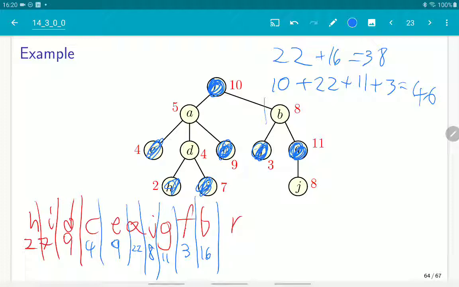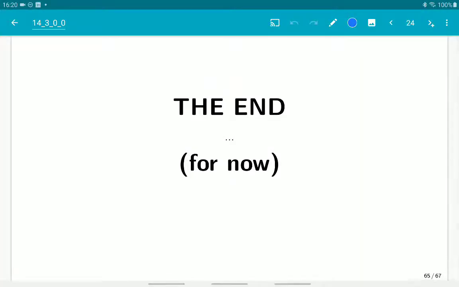Right? This is indeed the optimal solution. And I think what happened in the previous case, I forgot to add the 10. So I got 36 instead of 46, but this is not a big deal. Okay, so this is how this algorithm works in this case. As you can see, it's tedious, but at least I got the right result this time, I think. Or I hope so. Okay, this is it.